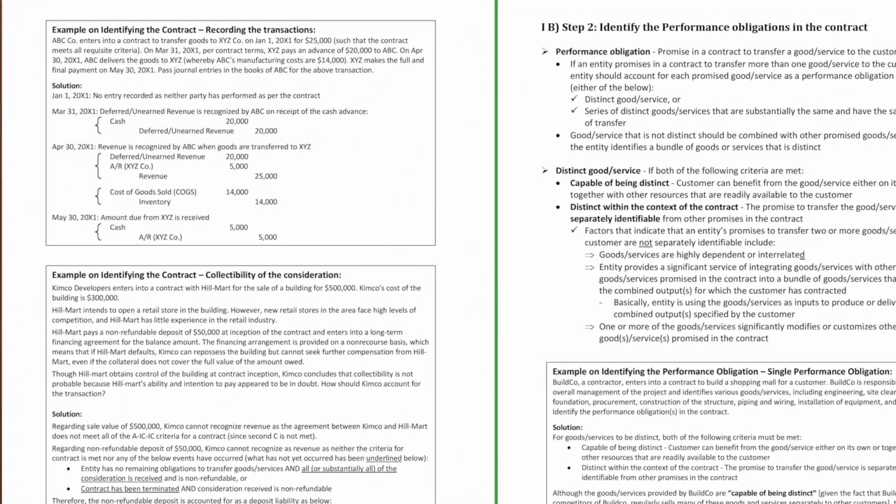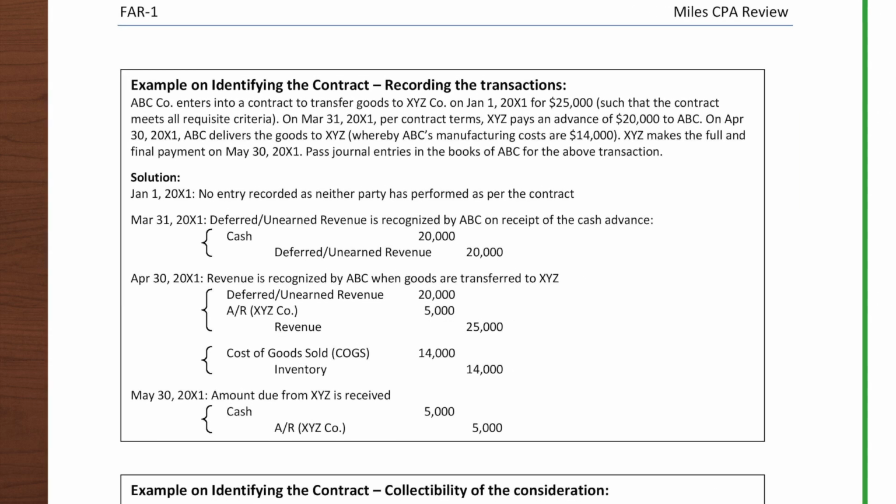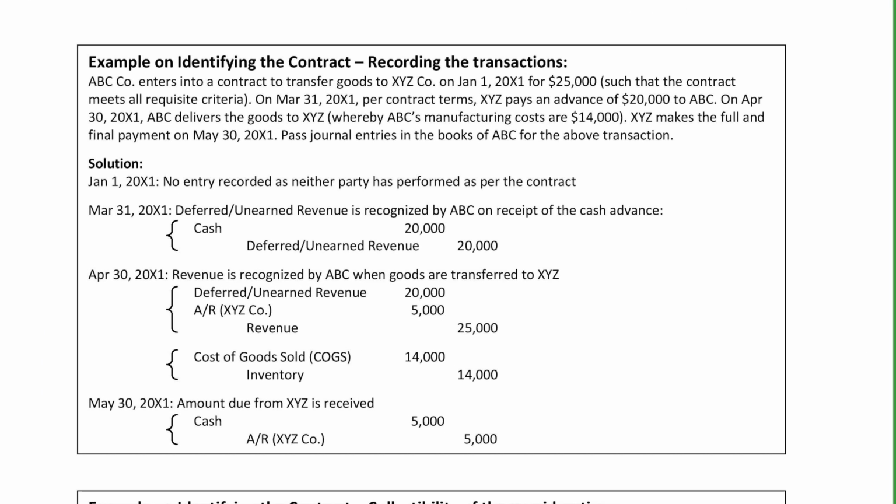Turn to page 54. We were looking at a couple of examples. The first one is a simple one. Example on identifying the contract and recording transactions. So it says ABC company enters into a contract to transfer goods to XYZ on Jan 1st for $25,000 such that the contract meets all the required criteria.